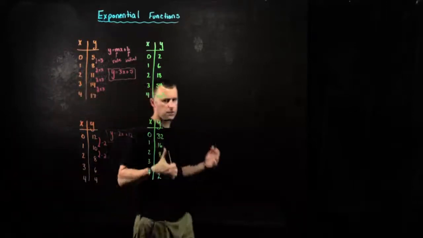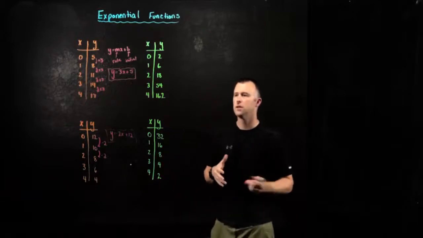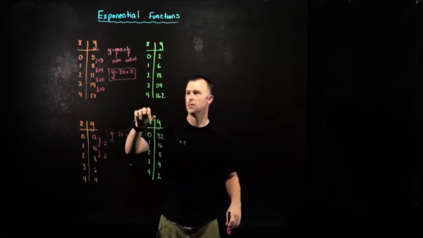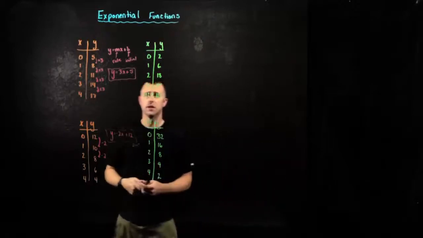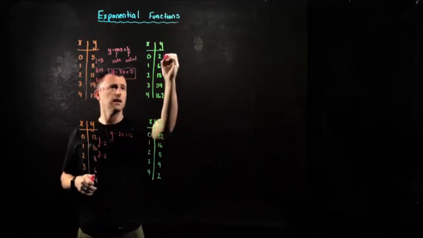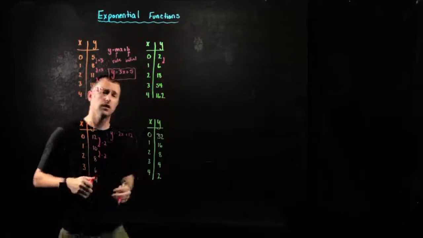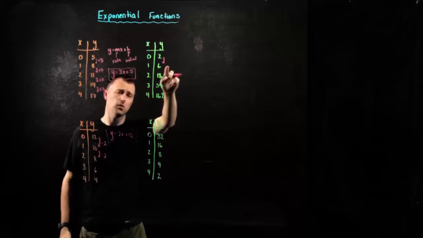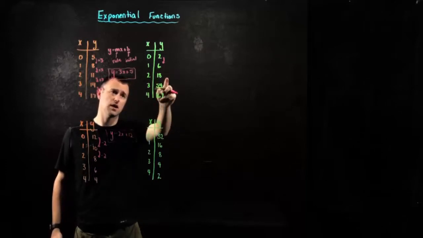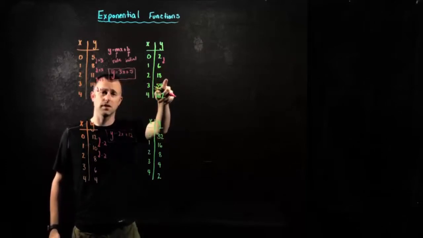So what's an exponential? Well, it's kind of related to the linear in a sense. It just has one key difference. In this case, we're looking at a set of data, and if you look at it at first, you say, well, it looks like I'm adding 4, but then when you look at the next set of numbers and the next set of numbers, you can tell that's not the case.